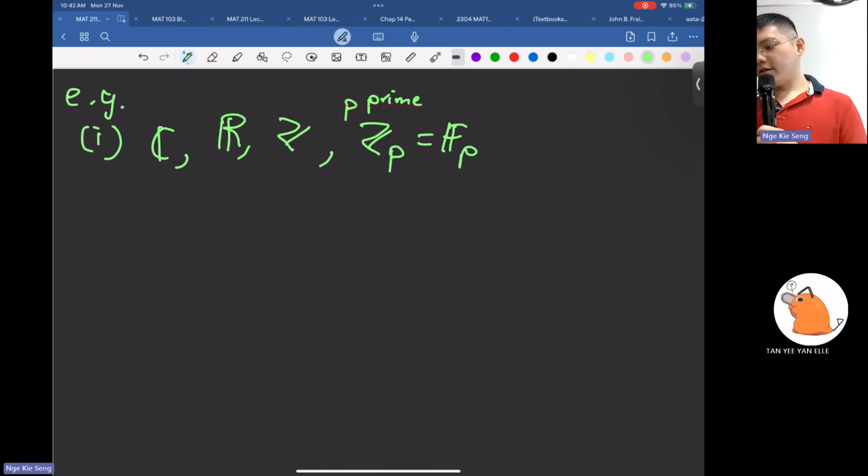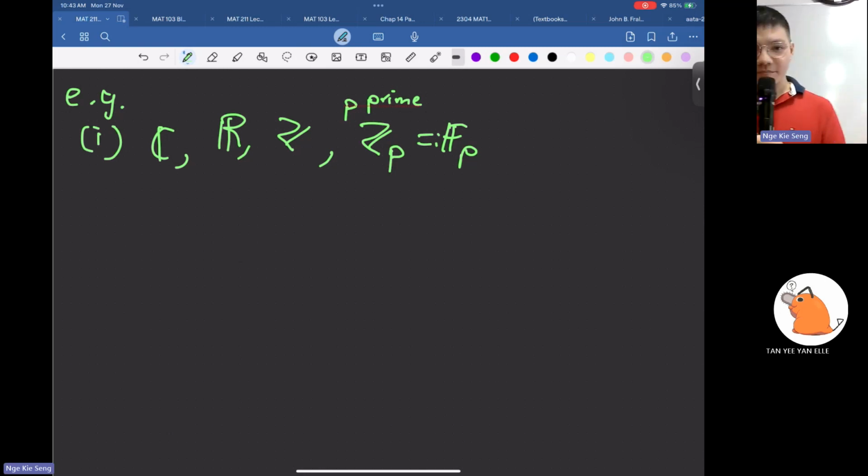I think later we will talk about this, but I want to introduce the notation first. It actually means field, and maybe we can talk about it later when we do fields. But I want to give it a new name, F_p.